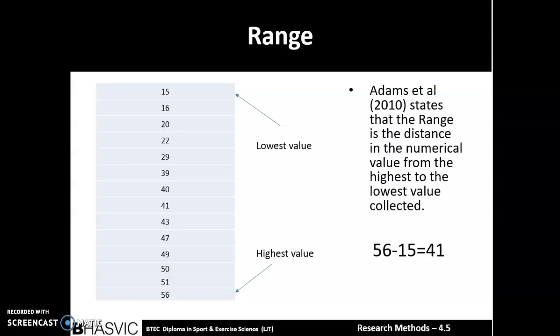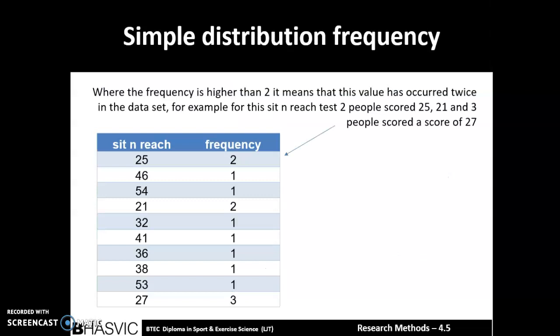So you have to be wary when choosing how to organise your data, because sometimes the range might not be good for a data set that is mainly comprised of small numbers and then maybe one anomaly where something happened in the testing and there was one large number, and it meant the whole data set was skewed.